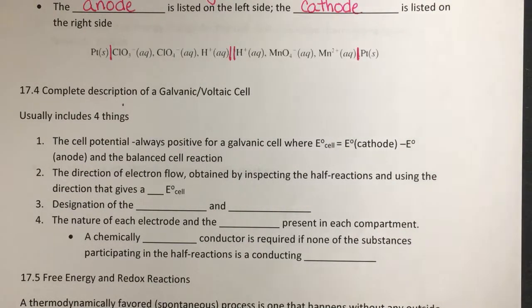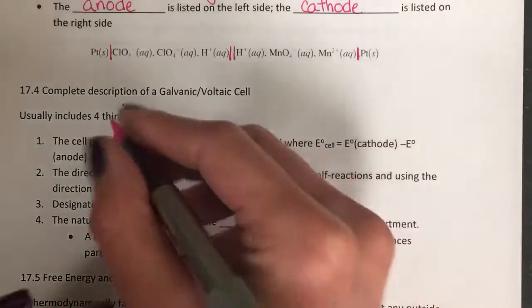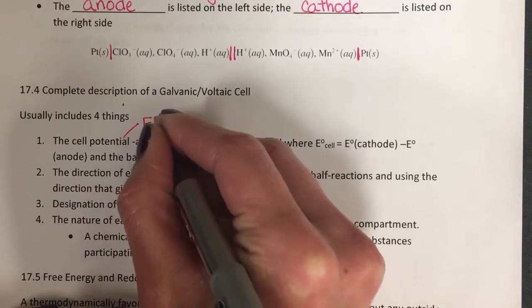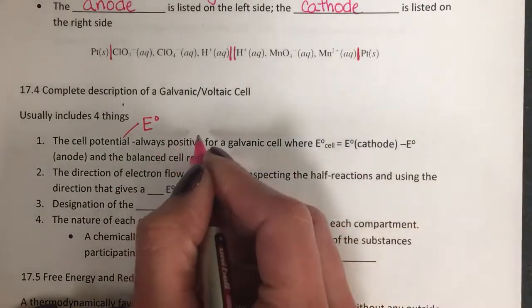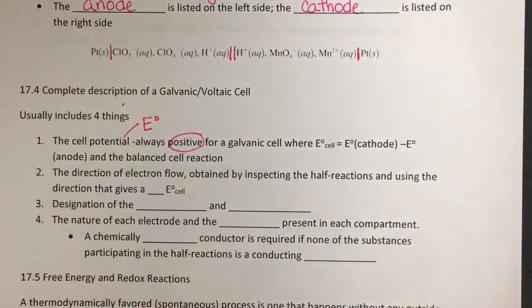Okay? So when we're looking at galvanic cells or voltaic cells, I have to think about 4 different things. The cell potential is going to be positive for my galvanic cell.